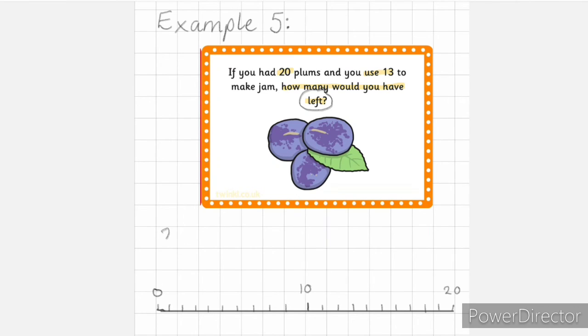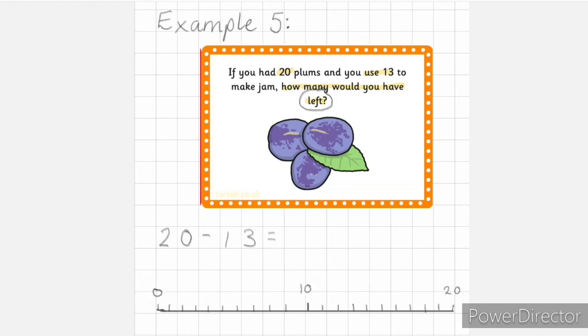So the question is saying 20 take away 13 equals, now some people might be able to work that out. I've drawn a wee number line along here at the bottom to show you that you could use your number line to work that one out as well.